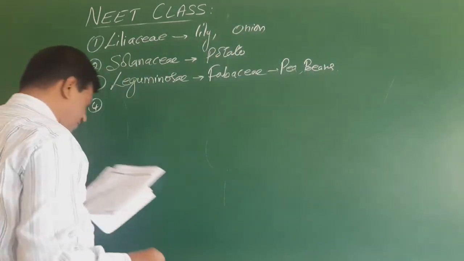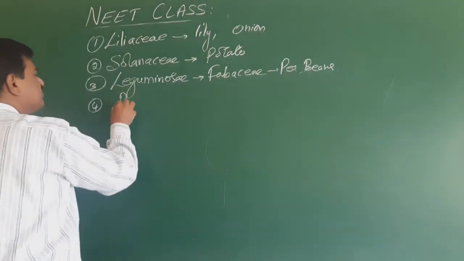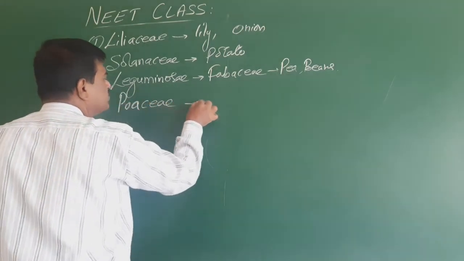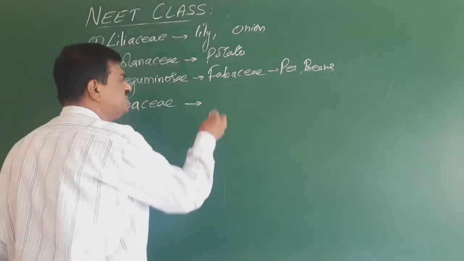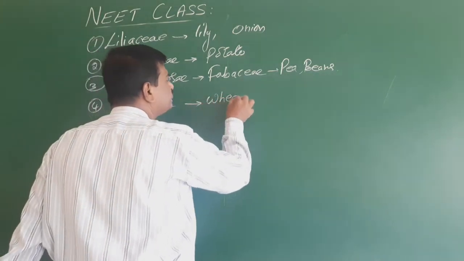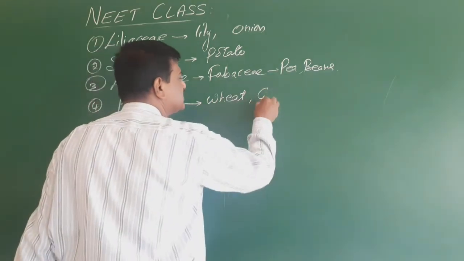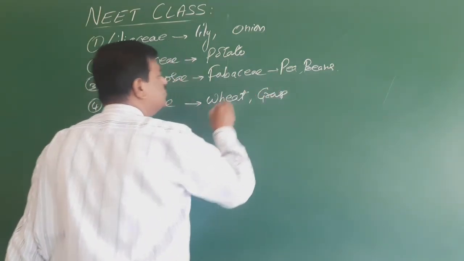And the fourth one is Poaceae. This Poaceae can be seen in wheat, and we can see grass. All that comes under the wheat family.